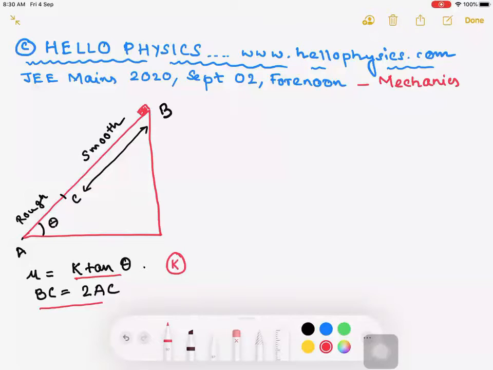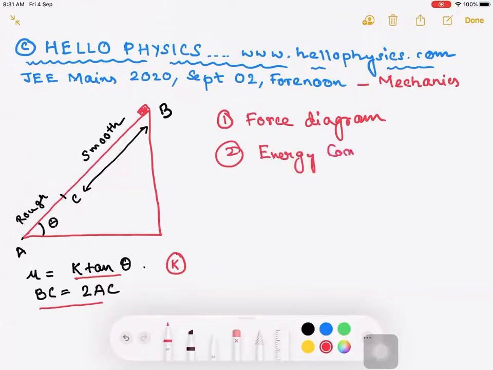This is actually a simple problem, but let me tell you that it can be solved in two ways, by two methods, and I would be showing you both. The first method uses force diagrams, accelerations, etc. The second method uses the principles of energy conservation.